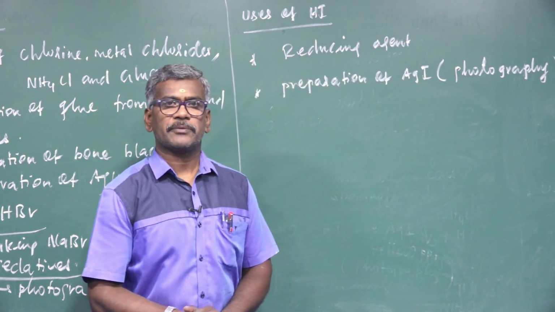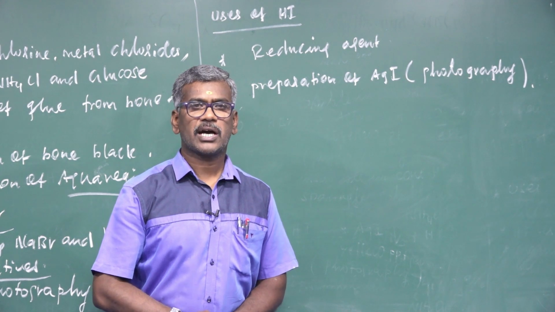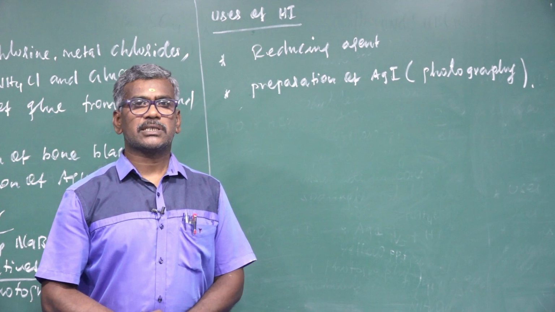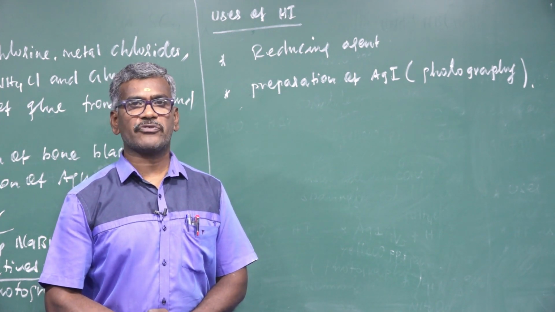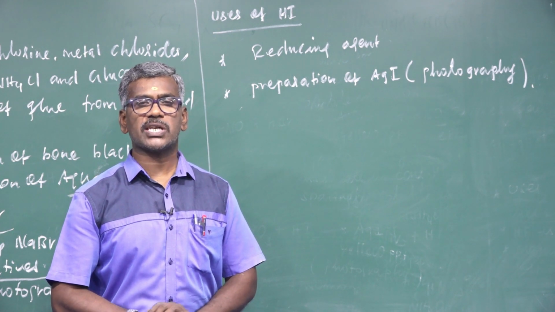These are the uses for hydrogen halides: HCl, HF, HBr and HI. Let us recap the preparation of compounds of halogen. First, how to prepare halogen acid.